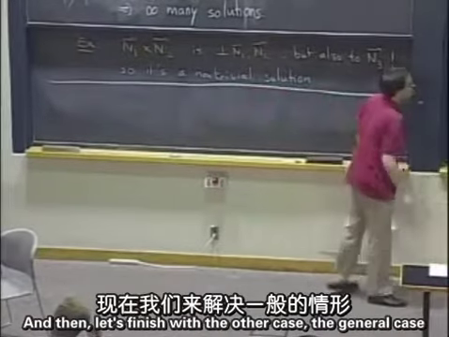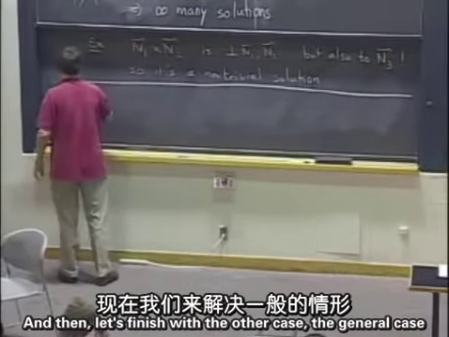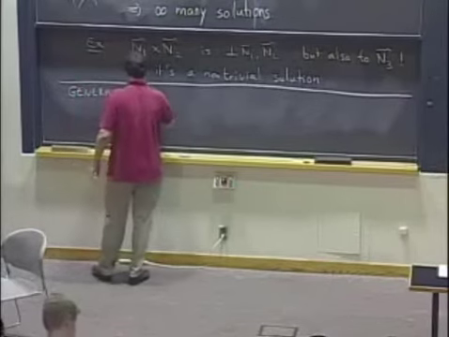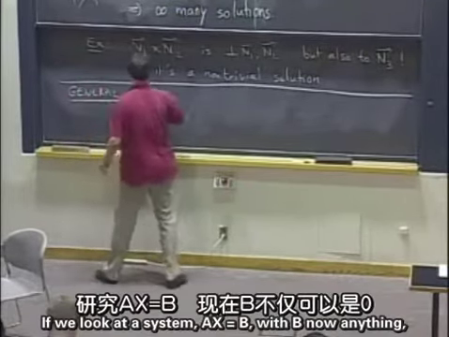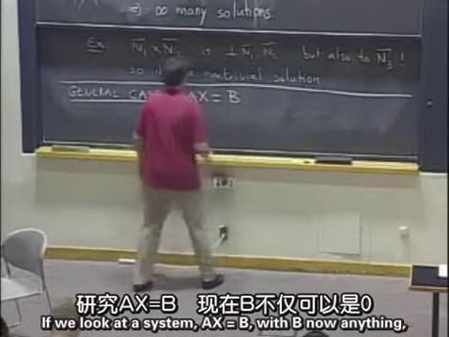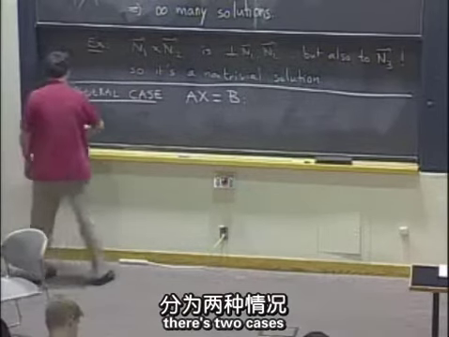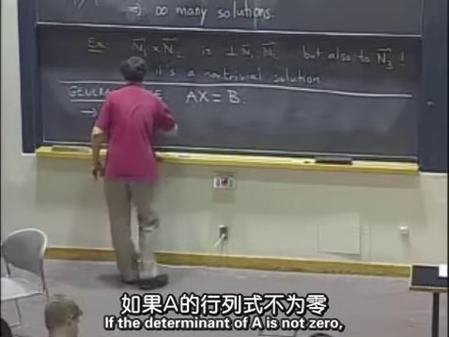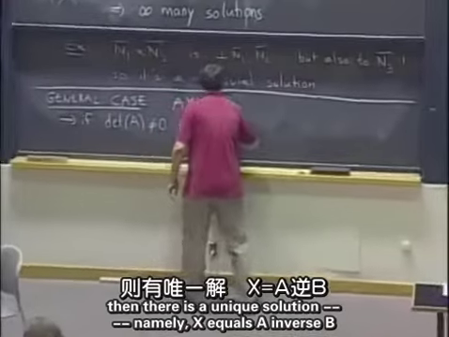And then let's finish with the other case, so the general case. So that means if we look at a system AX equals B, well, with B now anything, there's two cases. If the determinant of A is not 0, then there's a unique solution.